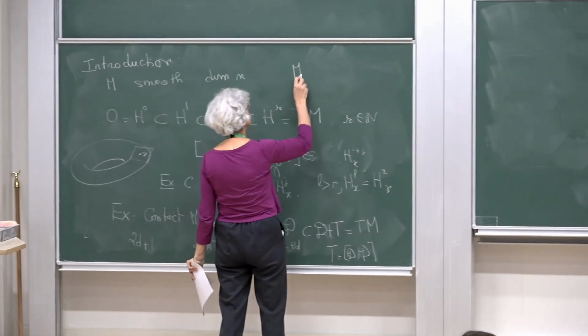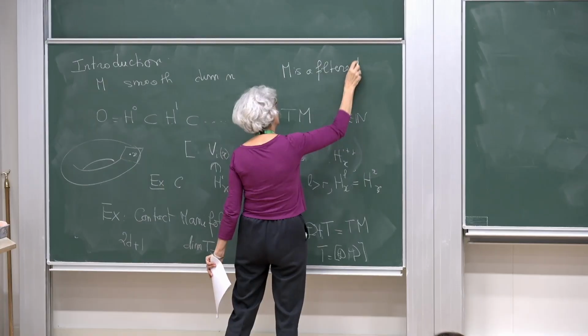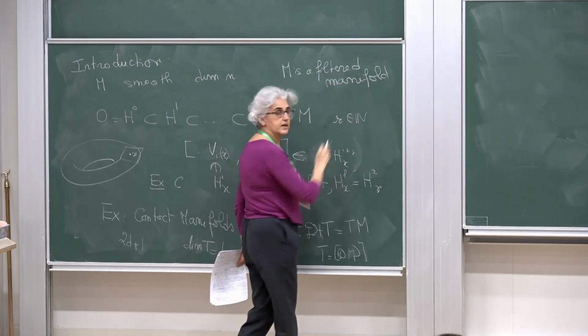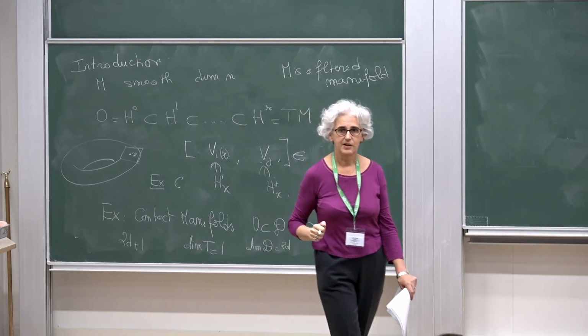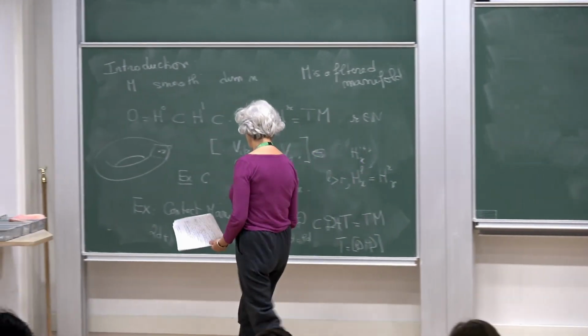So M is a filtered manifold if I have this sort of structure. I can give a basic example.